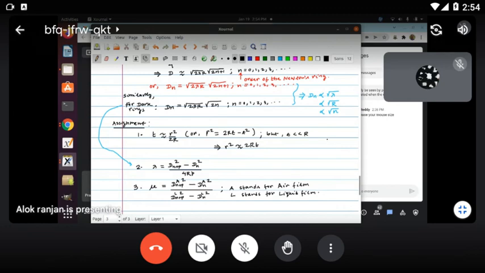If you use a liquid medium, which I have not given, you must have derived this. In this case, the refractive index of the medium mu will appear.